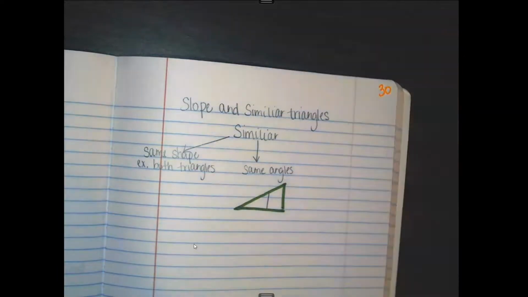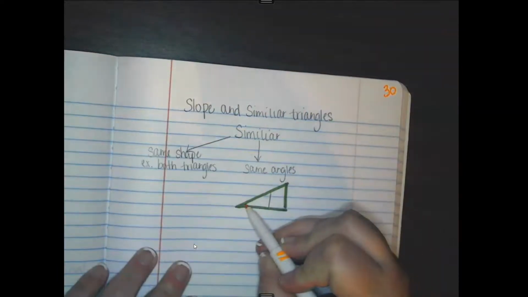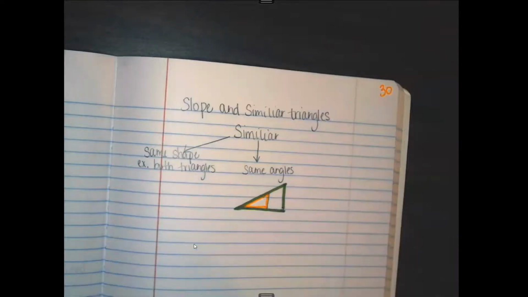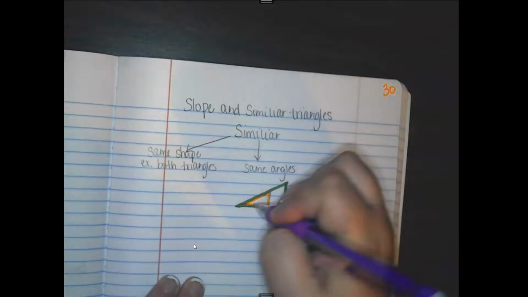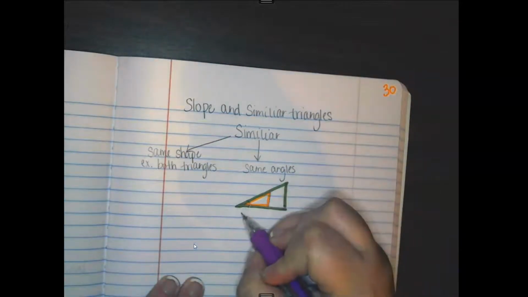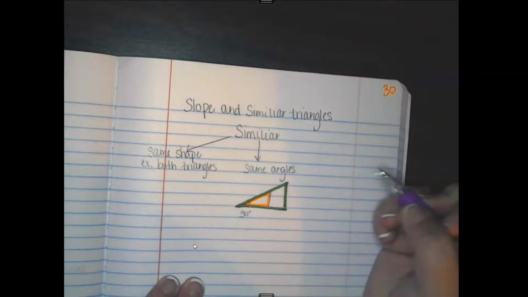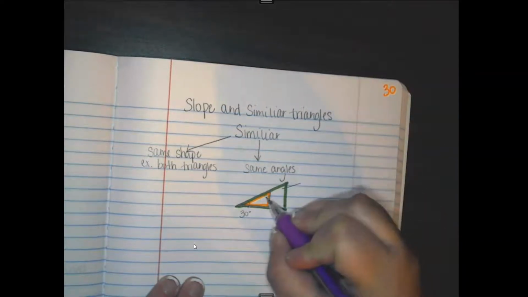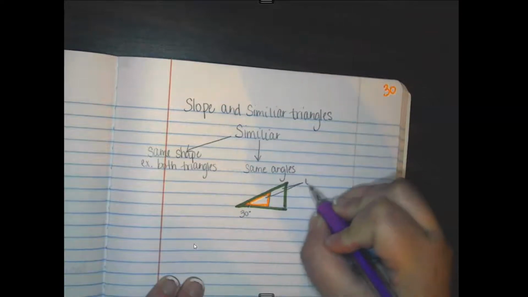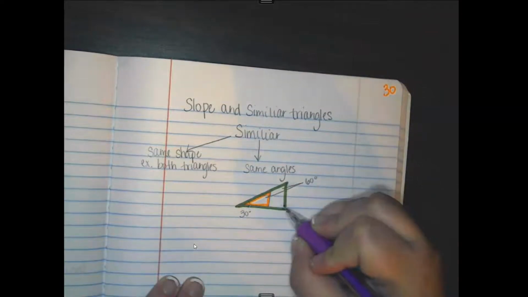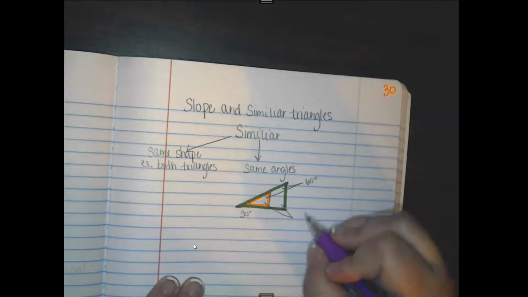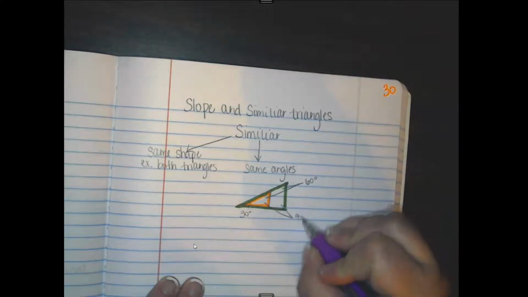And my second triangle is this triangle. Okay. And so with that triangle, I can see that these two angles are the same, so we can say that's 30 degrees. And then I'm going to say this angle and this angle are both 60 degrees. And then I could say this angle and this angle are both 90, and we can see that they're both 90 degrees.